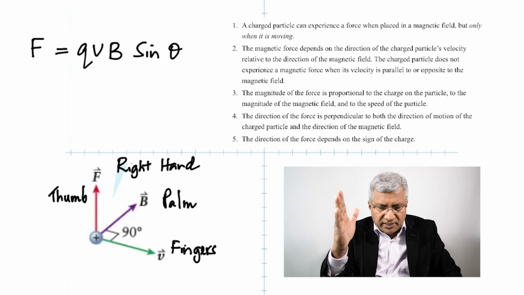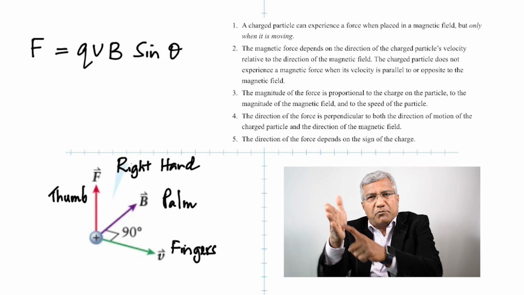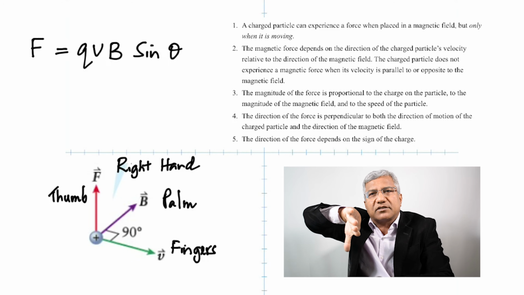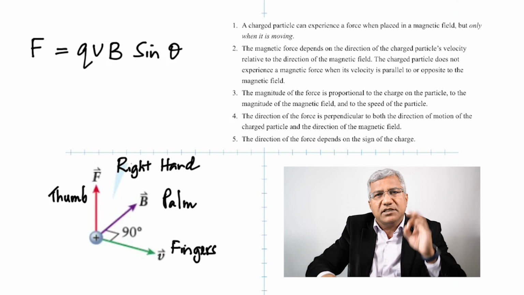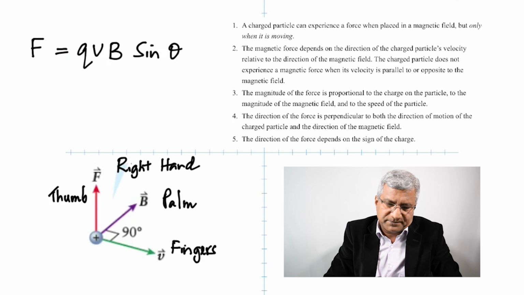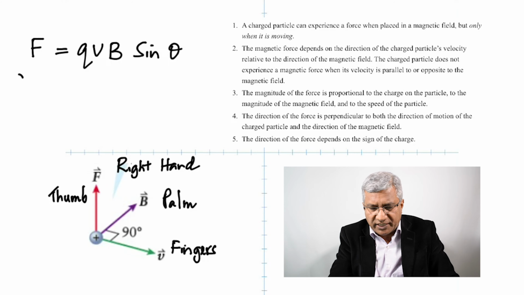Remember to use the right hand, fingers pointing in the direction of velocity, palm pointing in the direction of magnetic field. The thumb gives you the direction of the force acting on a positive particle. If it's a negative particle, remember to take it opposite. That's the next concept. Brings us to the next one.